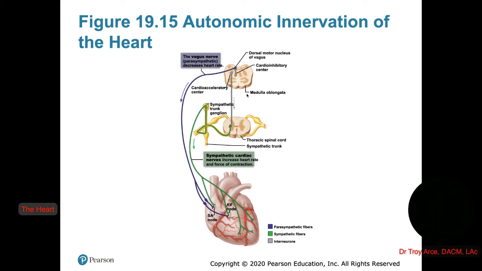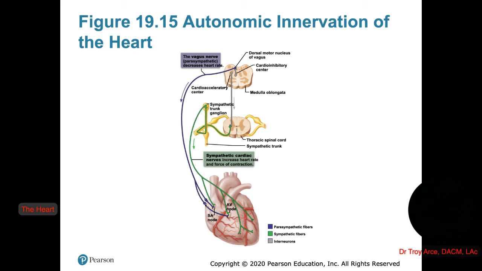So we discussed the nervous system in the past. If you take a look at this diagram and follow it, you have your dorsal motor nucleus of the vagus nerve. That's your dorsal side. That's the vagus nerve. It's parasympathetic. It decreases the heart rate, right?